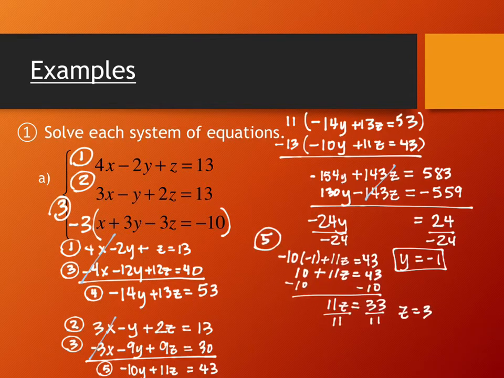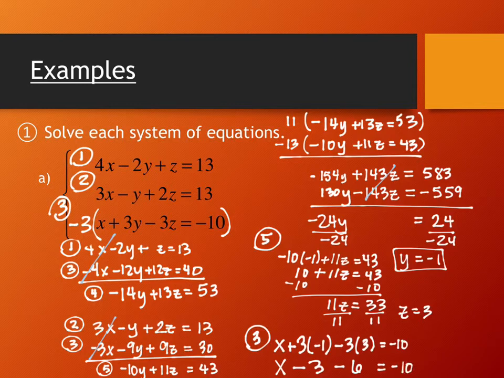So here's my equation number 3. I've got x plus 3 times y, which is negative 1, minus 3 times z, which is 3. Positive, right? Yep. And then it equals negative 10. So I have x minus 3 minus 6 equals negative 10.